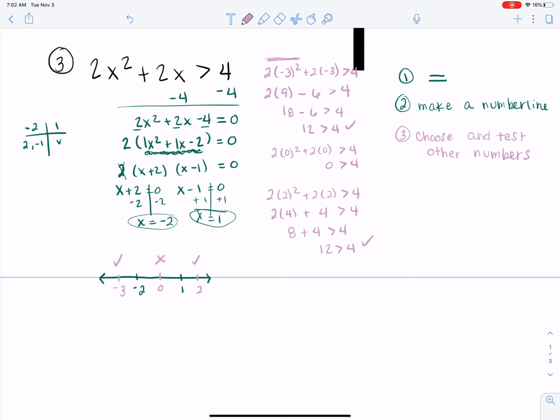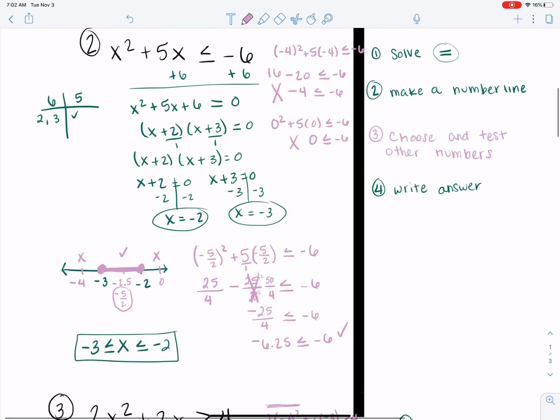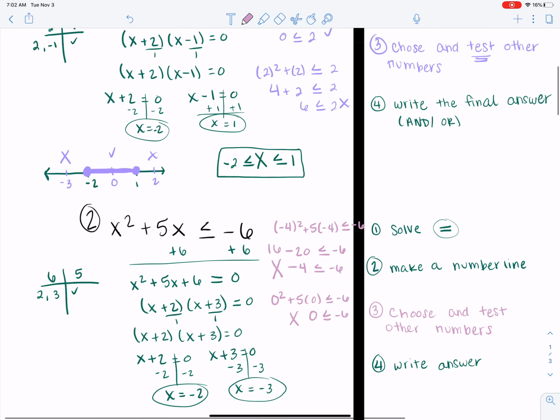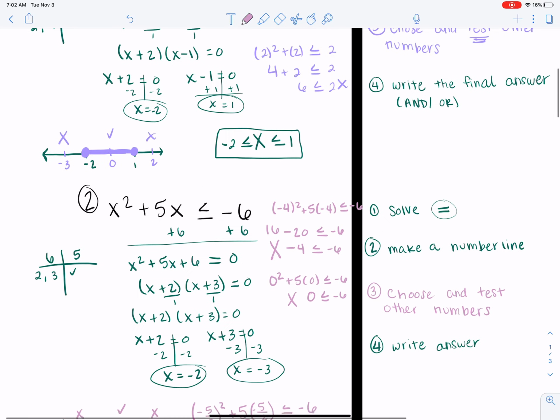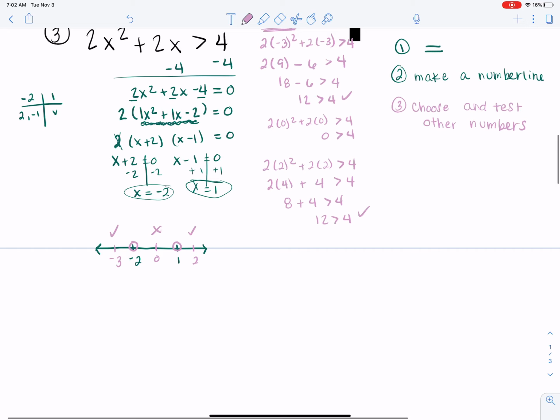So our answers here are going to shade away from each other. So I'm going to use open circles. Okay, open circles, and we're going to shade away.